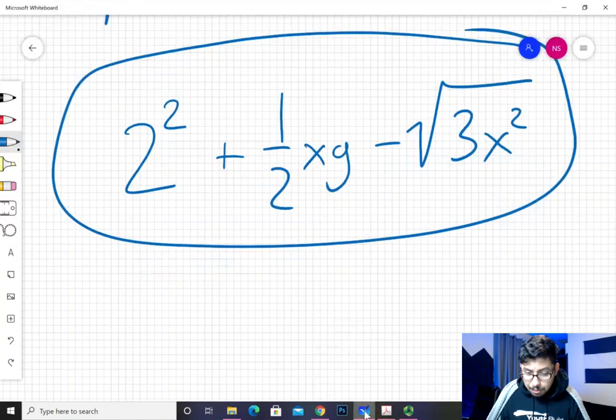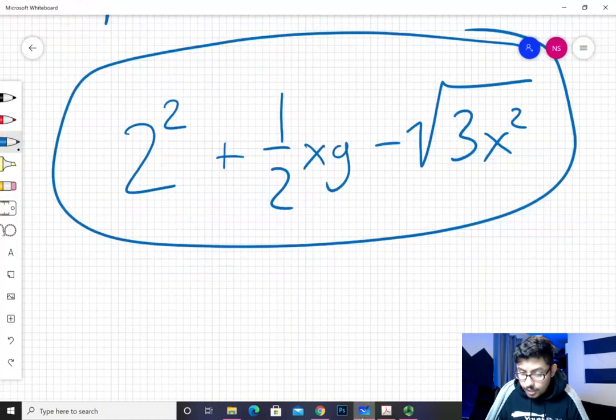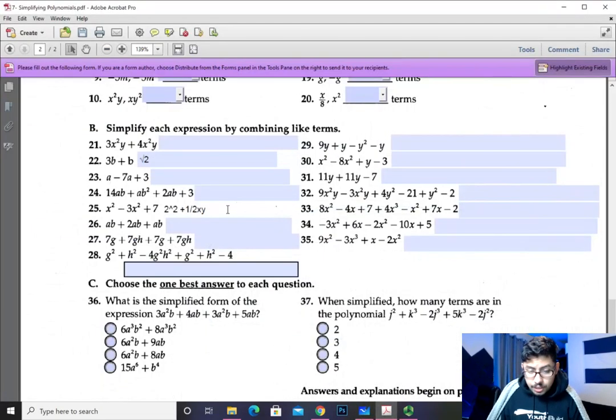And then it was plus 1/2 xy. So I'm right here, shift plus 1 over 2 xy, and then minus the square root.